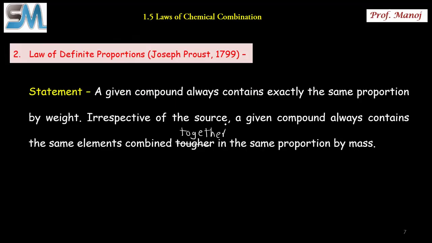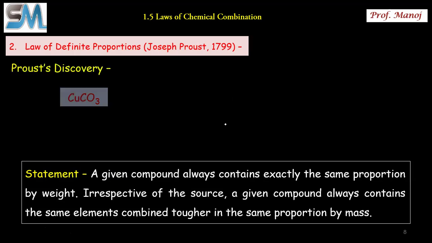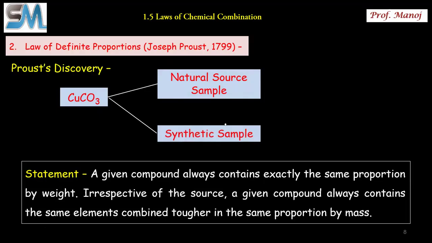Now, to understand the statement better, let us take an example. I've just written the statement here for reference. Joseph Proust performed an experiment with a compound called copper carbonate. He had two kinds of samples with him. One sample was from a natural source, and the second one was made in a laboratory. He analyzed both these samples for the content of copper, carbon, and oxygen.